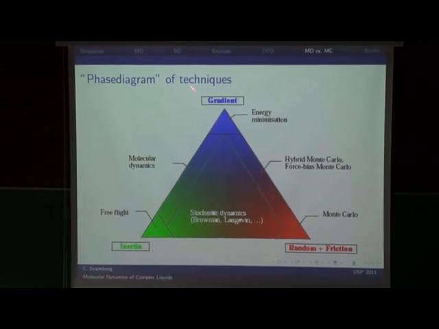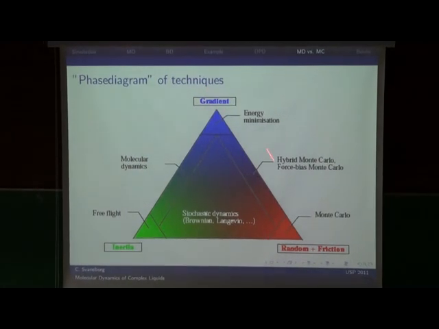And if we look at the possibilities of going from taking randomness and friction and taking the gradient into account, then we can also do hybrid Monte Carlo and force-biased Monte Carlo techniques. These are also on this line. So essentially, what I have done is I've started out here and then walked inside the middle of this phase diagram.